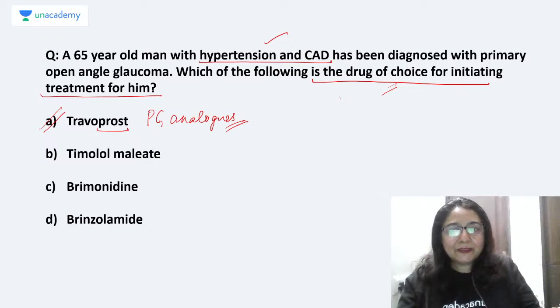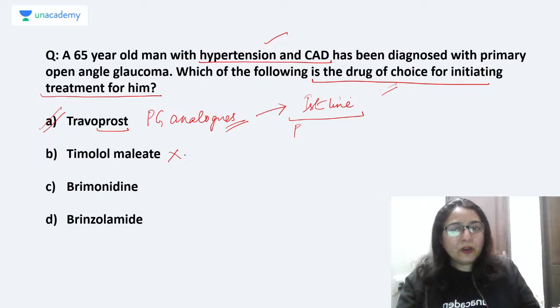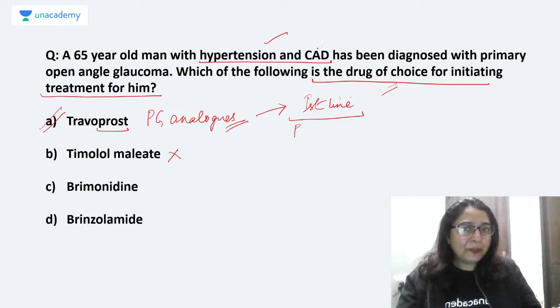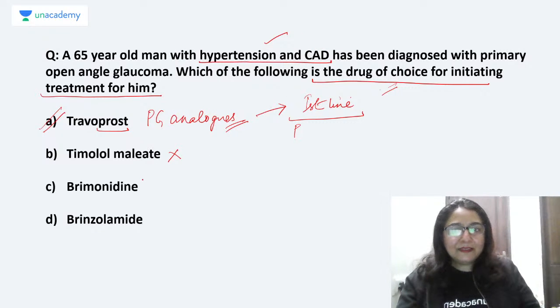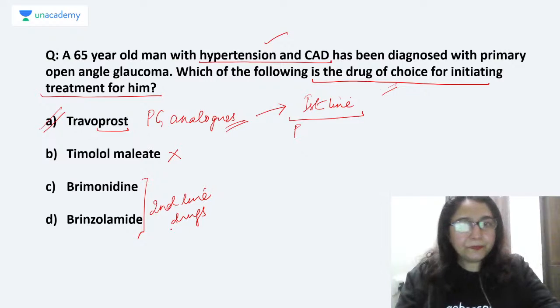Please remember prostaglandin by this. And as I told you, the first line drugs for glaucoma are your prostaglandin analogs. Here you will not give timolol maleate in a patient of coronary artery disease, and brimonidine and brinzolamide are your second line drugs.